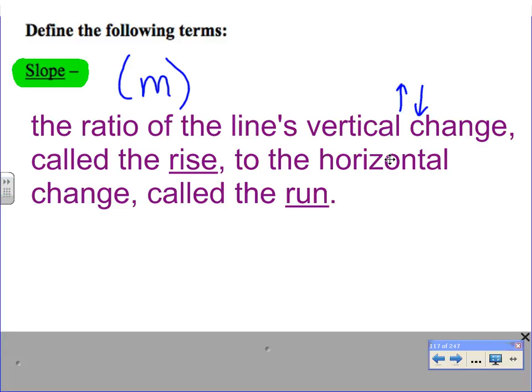And to the horizontal change called the run. So what Ethan just told me is that it's the ratio of rise over run, and this is the vertical change up or down. The run is the horizontal change, which means left or right. So we're making a ratio with rise over run.